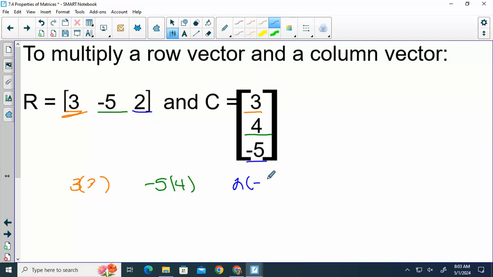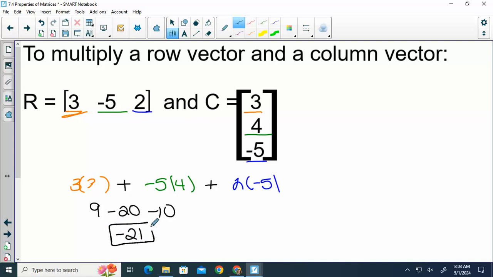Why is my board a little delayed today? I'm making my handwriting bad. So we multiply these corresponding numbers, and then we are going to add all of that together. So we get 9 minus 20 minus 10. So when I multiply this row and this column, my answer is going to be -21.